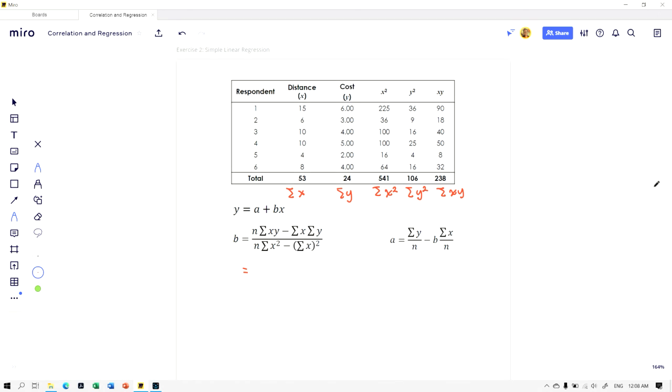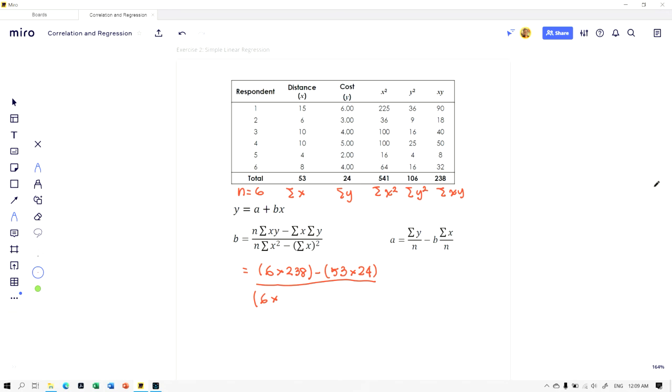b is given by n times the sum of xy, where n is equal to 6, times the sum of xy, which is given by the column xy and equals 238, minus the sum of x, which is 53, times the sum of y, which is given by the column y and has a value of 24, divided by n, which is again 6, times the sum of x squared.